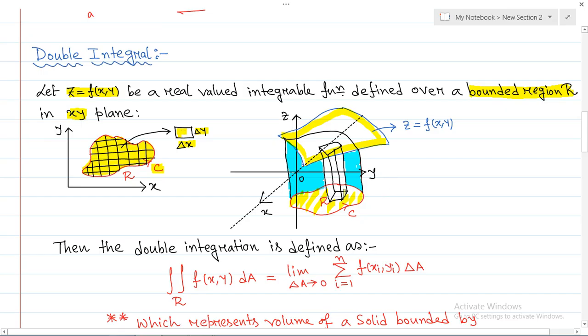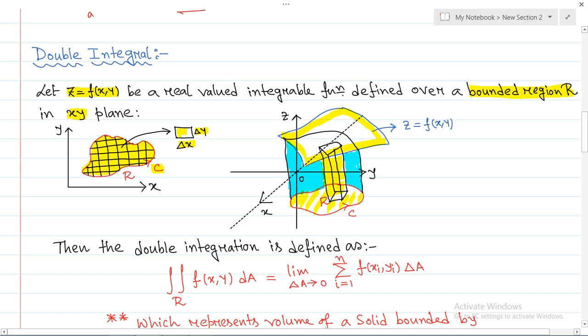From this grid, the same concept, we draw perpendiculars to the surface z equals f(x, y). Drawing the perpendiculars creates a surface which bounds a solid region. So if throughout the region R we make many perpendiculars and take the sum, it will create the volume of a solid body.